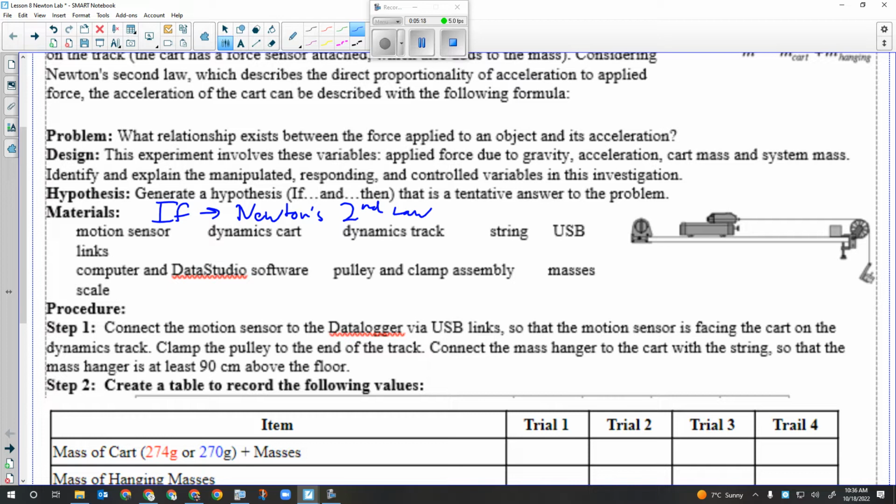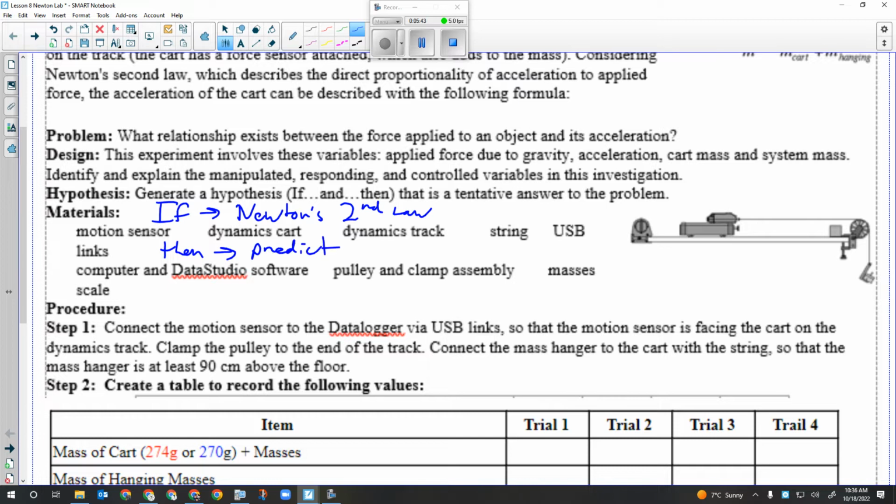Then tell me what you will see in terms of the rate of acceleration as force increases. And that can be in a couple of ways. You can tell me what your velocity versus time graphs are going to look like on each trial. Is it going to get steeper or shallower or whatever? So then, predict your results.